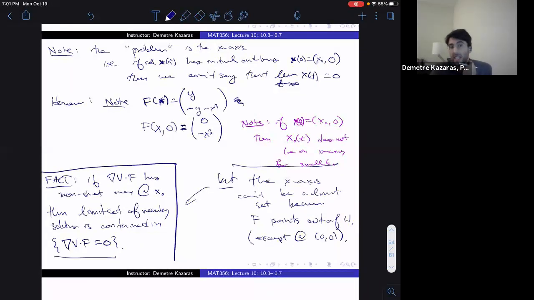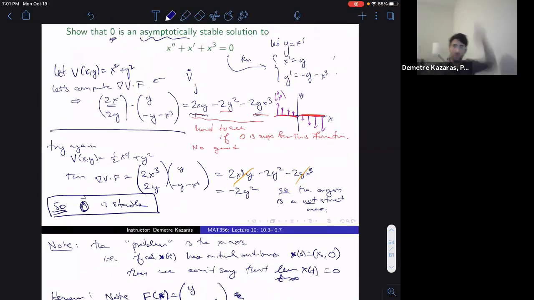Namely, the limit set of nearby solutions must be contained in places where the gradient vanishes. But the only place on the x-axis which can be part of a limit set is the origin, because the right-hand side of the equation pushes you orthogonally out of the positive x-axis if you're not at the origin, like we just saw in the picture.